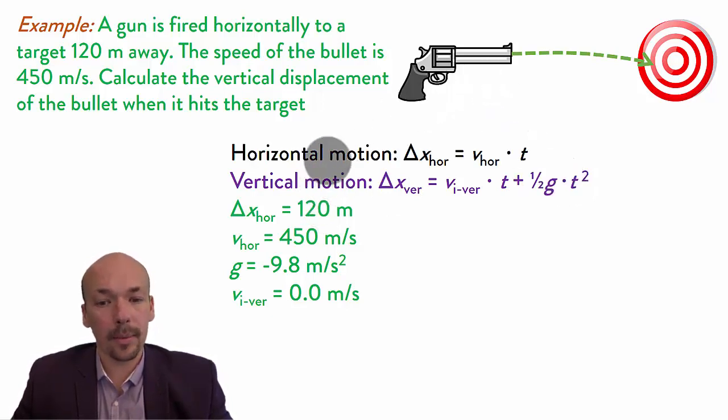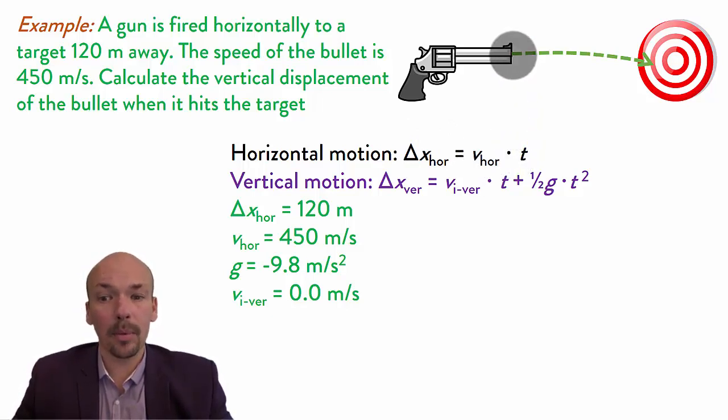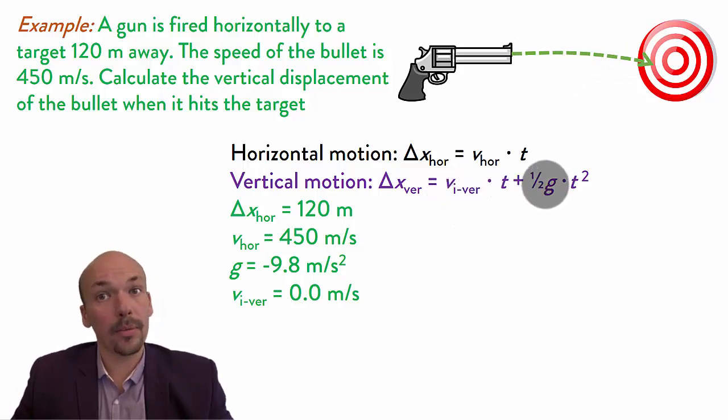We can get that information from this equation because we do have the horizontal displacement and the horizontal velocity, and we can calculate how long it will take the bullet after leaving the gun to hit the target. Then we can also calculate how much time it has to go downwards with the gravitational acceleration of minus 9.8 meters per second squared.